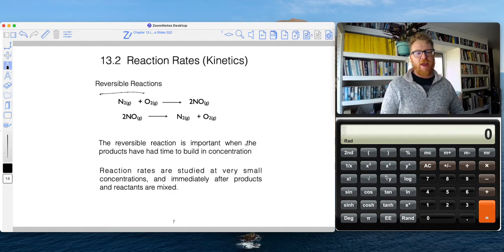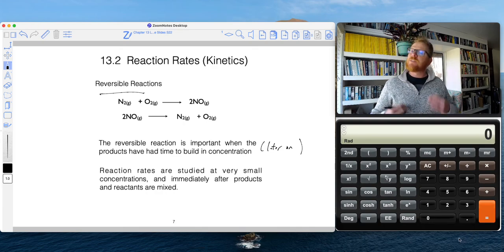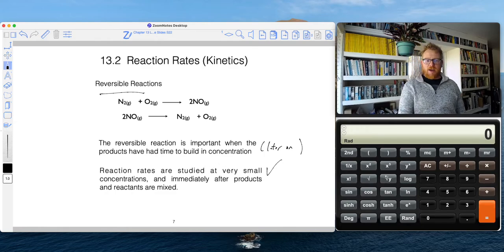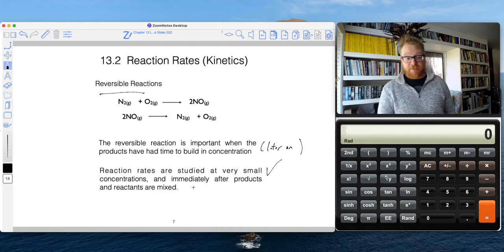And that reversible reaction is important when the products have had time to build in concentration. That means later on in the reaction. So at maybe after the reaction has gone for a few minutes or hours or seconds or whatever. So typically, reaction rates are studied at very small concentrations and immediately after products and reactants are mixed. That gives us the initial rate.